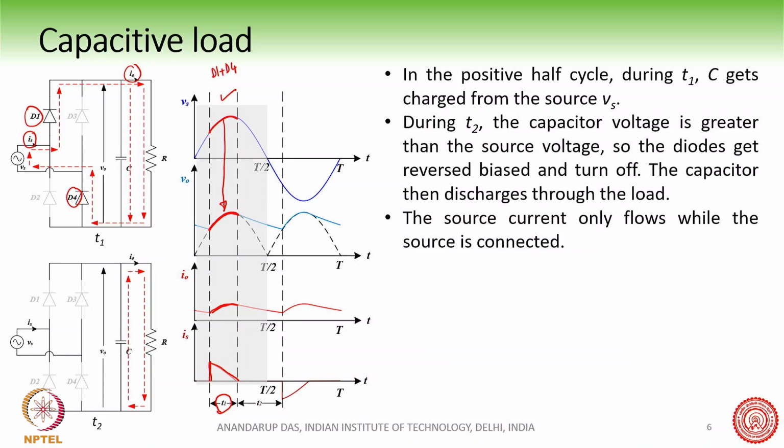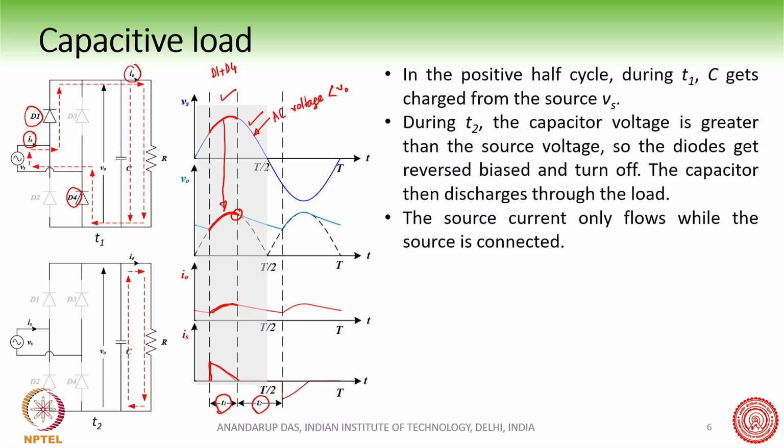Now after this point, during T2, the AC voltage is less than the output voltage. This is the voltage at the output at the beginning of T2, and the AC voltage is less than V0.